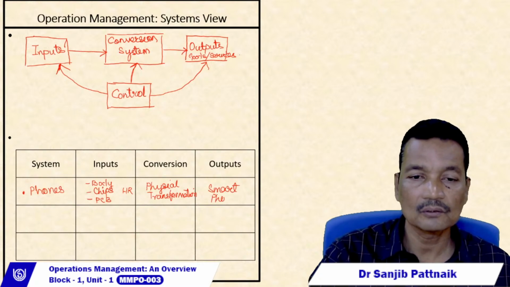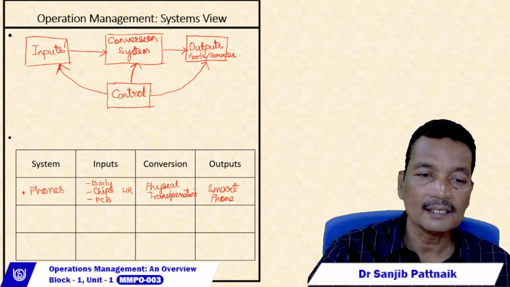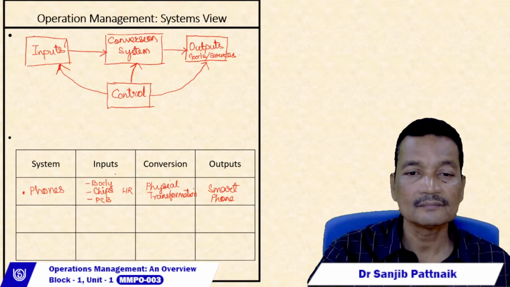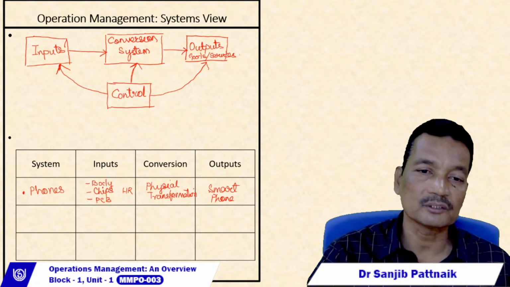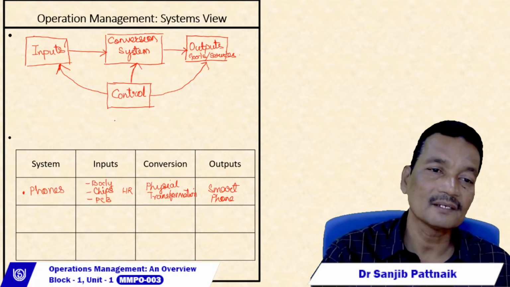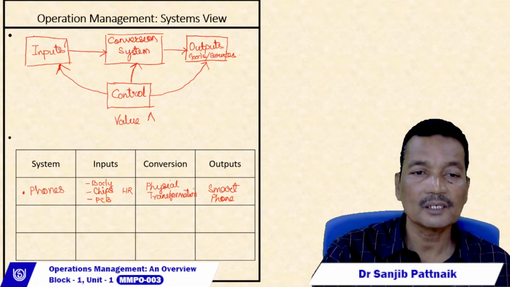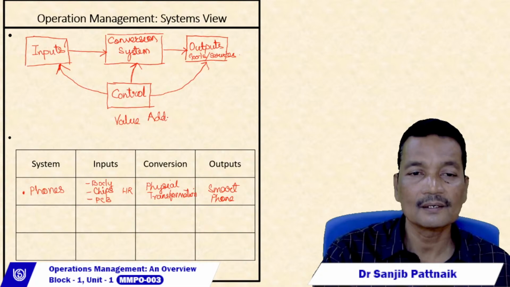Smartphone. And the amount we spend here in inputs is less than the outputs. That means we are generating value. Sometimes we say this is value addition.